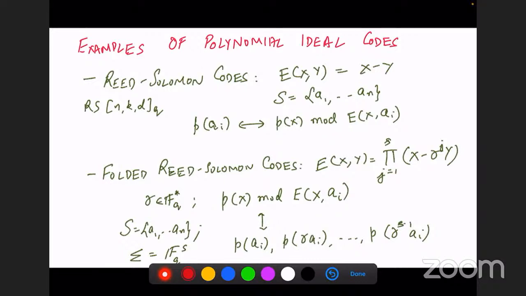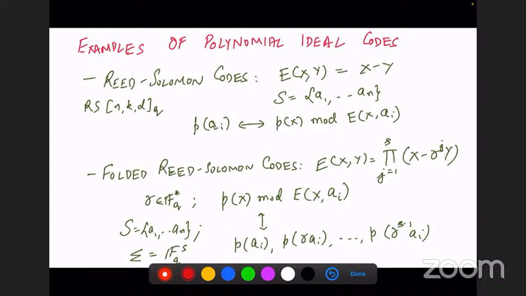So if you think about it, giving P(a_i), which is what usually we would do in Reed-Solomon codes, it is the same as telling you the value of P(X) mod E(X, a_i). That is, in this case, E(X, a_i) is just X minus a_i. So telling you the value of P(X) mod X minus a_i is the same as evaluating P at a_i.